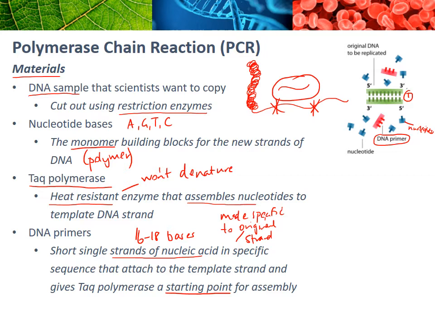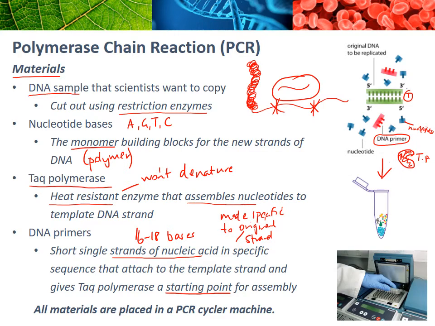All of these things, as well as our Taq polymerase, our enzyme, will get put into a small little test tube, and they will get put into what is called a PCR cycler machine. I know it's quite hard to see, but each of these individual little things is one of these. So they get put into this machine, and then the machine does all of the work. The steps we look at in a second are all happening inside this machine.